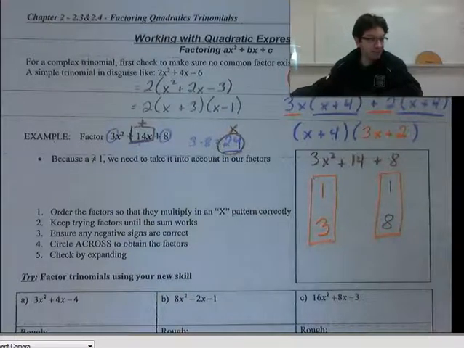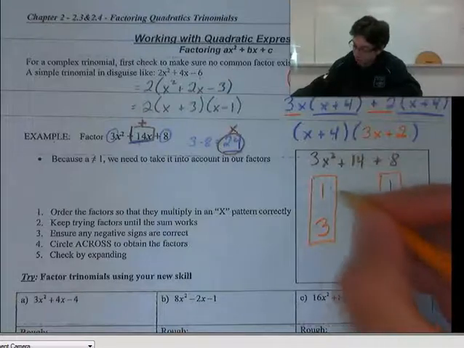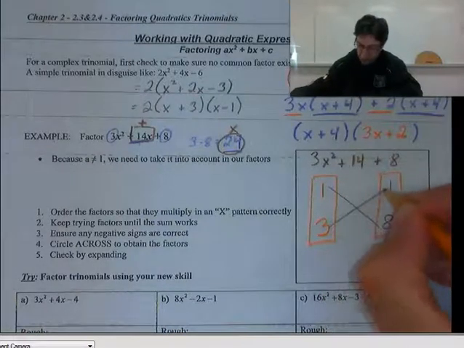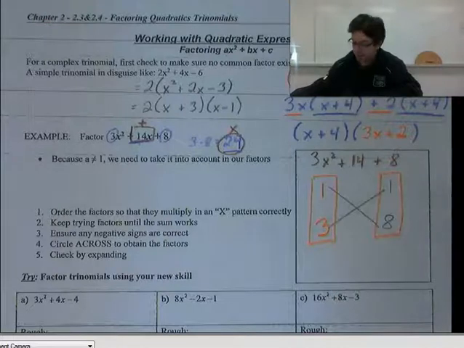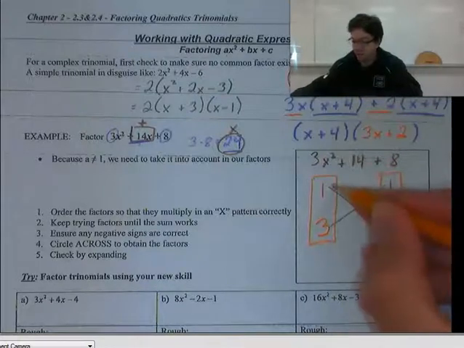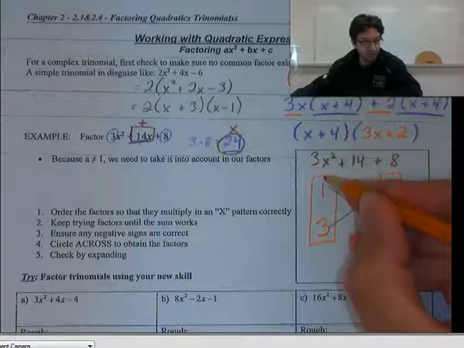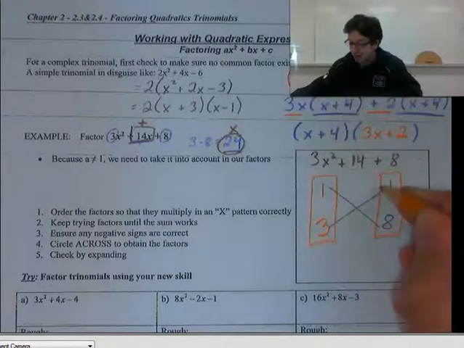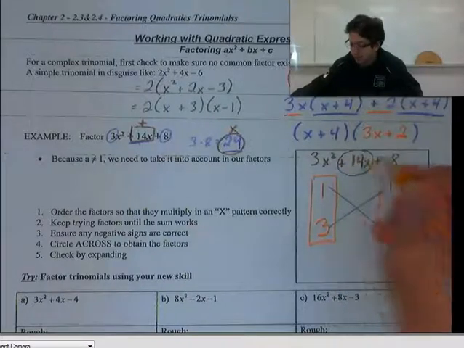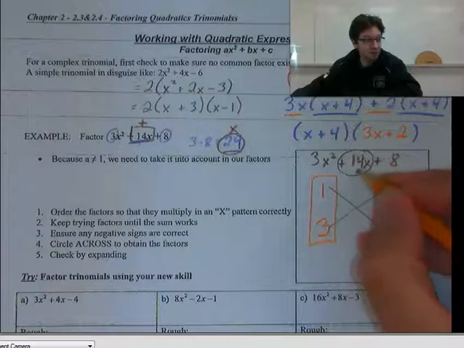Now we have to test if this combination works. So what we do is we do a little x, right, and we multiply those. So 3 and 1 multiply to give us 3, and 8 and 1 multiply to give us 8. Now that 3 and this 8 should add to give us that middle term, our b coefficient.